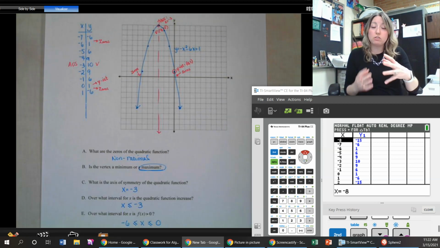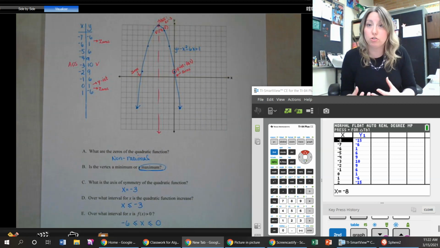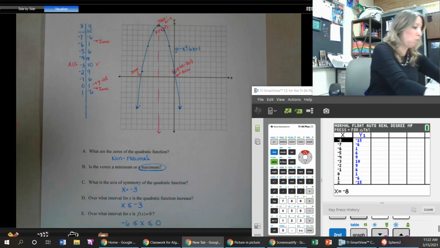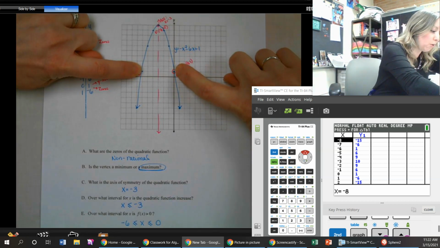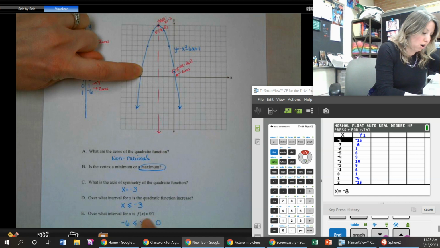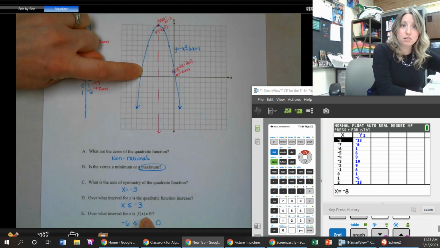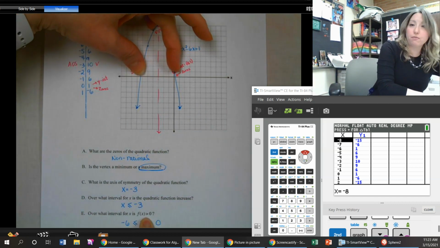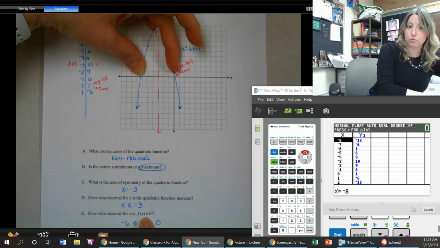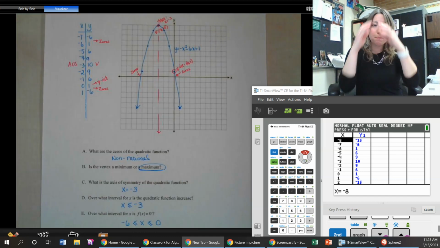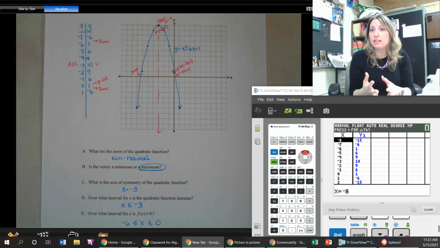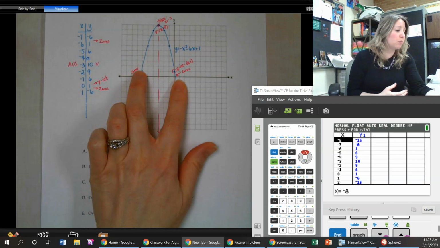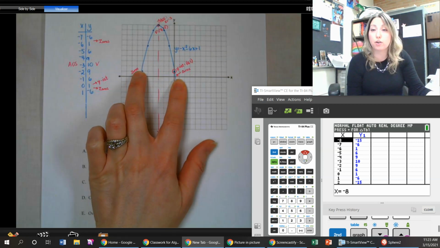E was interesting just because I really can't put exact integers on this, but I did the best I could with what I knew was positive. From -6 to 0 are all positive values out of f of x, all positive y values. I can't nail it down exactly because I don't know what the roots are without using the quadratic formula.